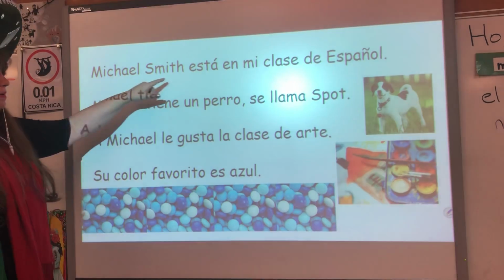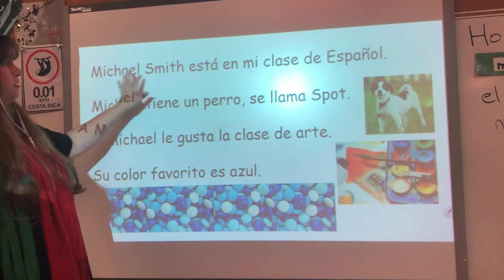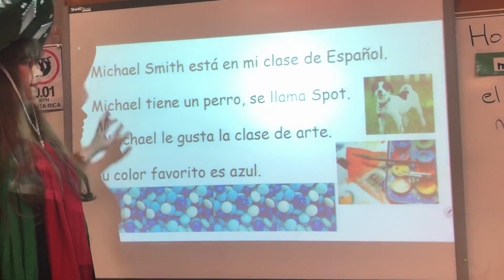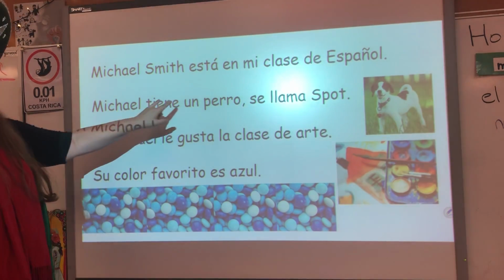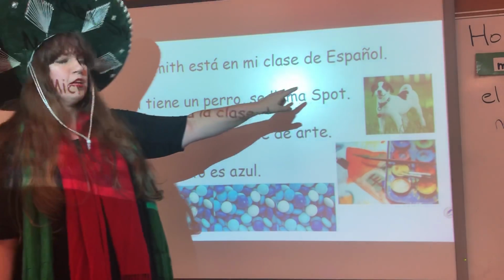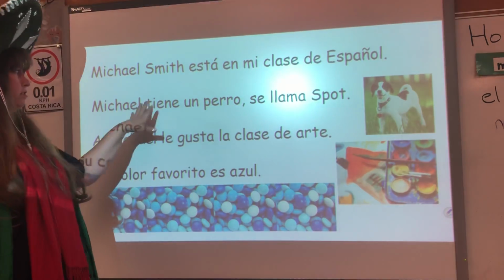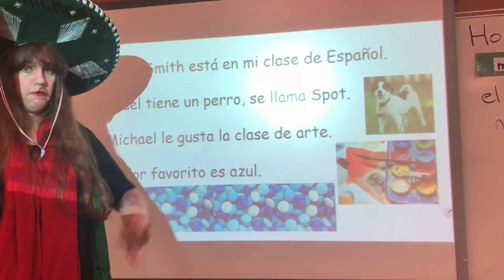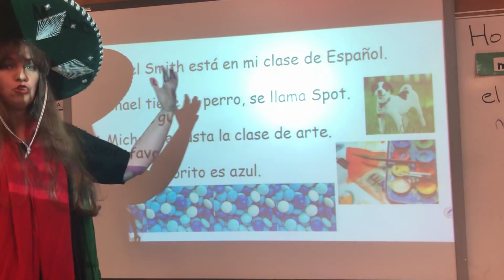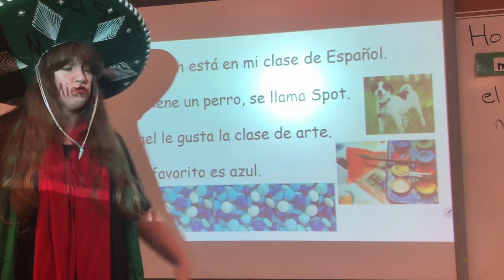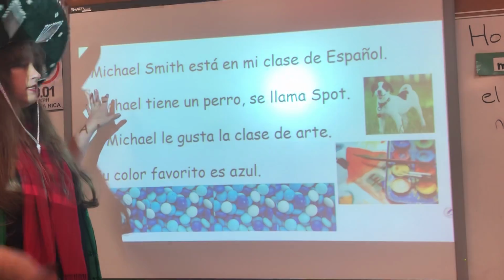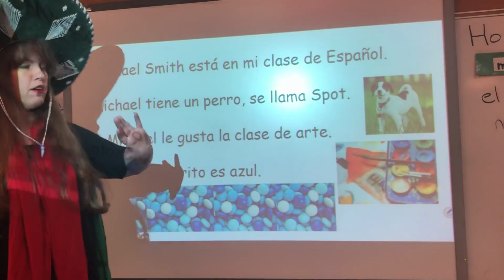I have Michael Smith está en mi clase de español. Michael Smith is in my Spanish class, okay? Michael tiene un perro, se llama Spot. For a Spanish 1 student, you might just say, Michael tiene un perro, right? It might be simpler. For the Spanish 101 student, you might have something more complete, it says, Michael tiene un perro, se llama Spot.